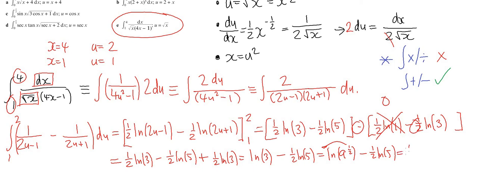So now I've got a half ln of 9 minus a half ln of 5. Okay. So now I've got that, I can basically combine my two logs. So that's going to give me 1 half ln of 9 over 5, and we have solved the problem.